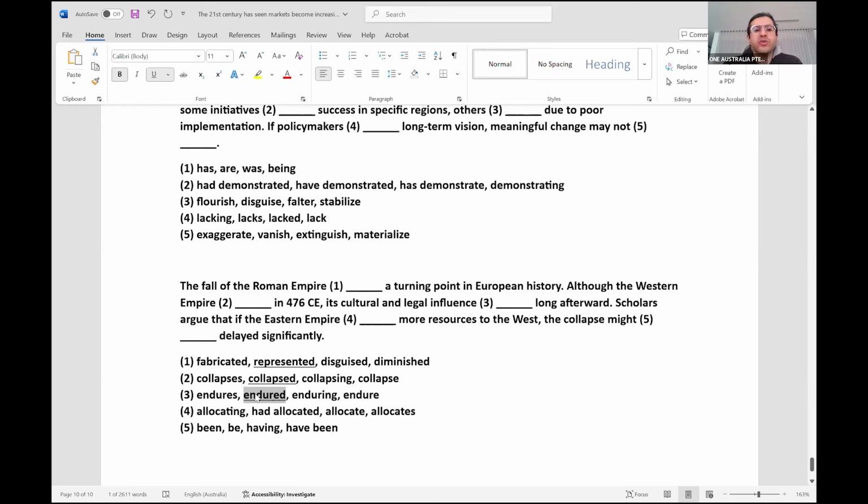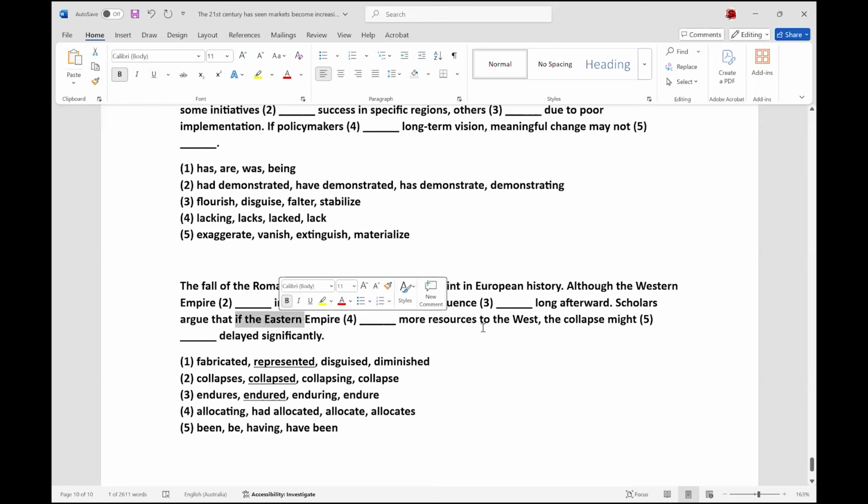Scholars argue, so now in present, scholars are arguing that, but they are talking about the past. If the Eastern Empire had allocated more resources to the West. Talking about the past means had allocated, correct?